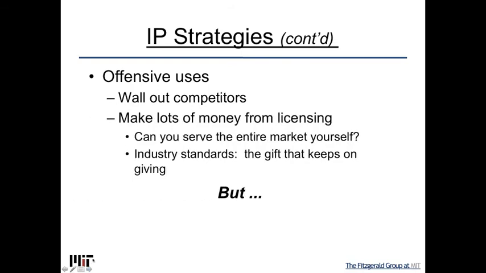If you think about it from an offensive use, you can use it to prevent your competitors from doing what you're doing. So for example, I make the latest generation of some product, and it's got some new gee-whiz-bang technology that's really hard to do.